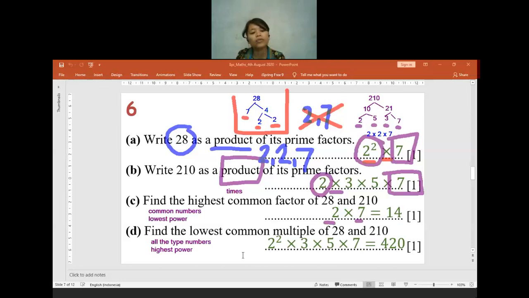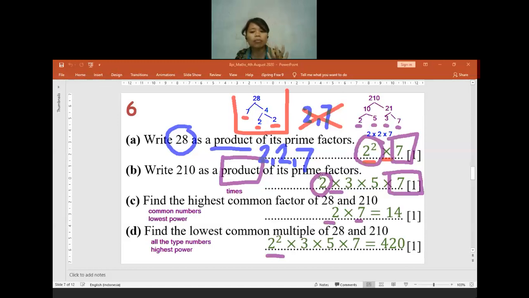To find the lowest common multiple, we have to take all the types of numbers, and then we have to take the highest power. So now from the very first one, we have number 2 is common. I have to take the highest one. So I take the 2 to the power of 2. Type all the types of number.